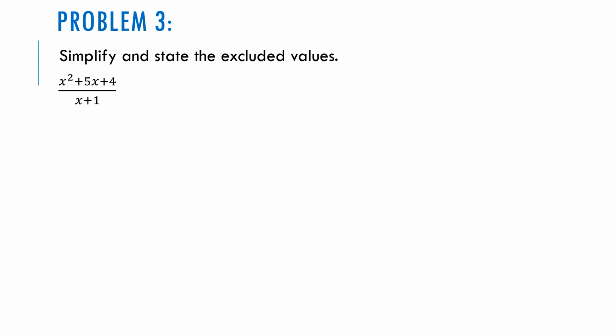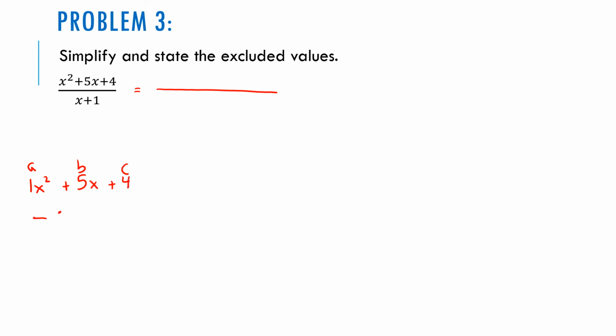All right, so this time we're going to be using trinomial factoring to simplify our problem. So this is the one where we have our a as the 1 in front of the x squared, our b, the number in front of x, and our c, the number without the variable.